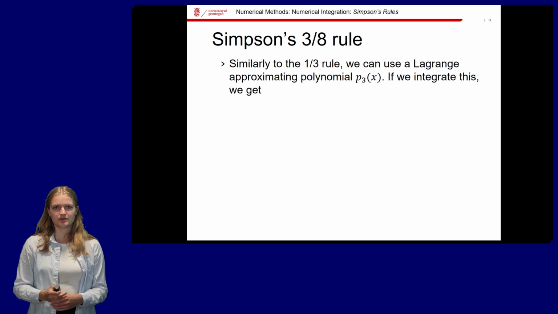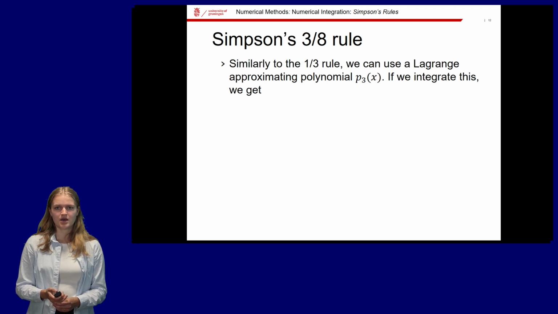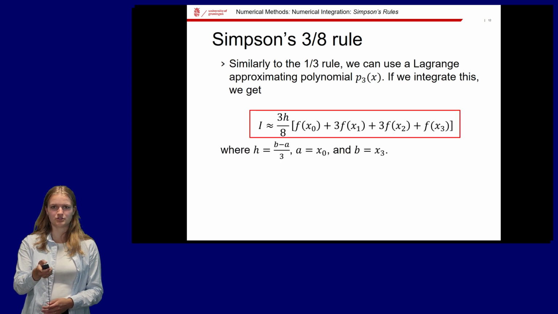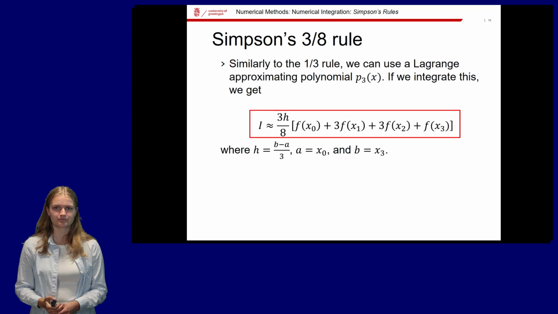So first we can write this approximating polynomial P3 of x using the Lagrange polynomial notation, similarly to the 1/3 rule. And then we can integrate this again to obtain this final expression of the Simpson's 3/8 rule.